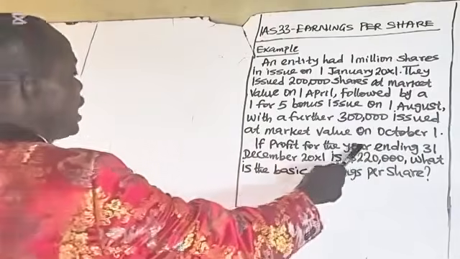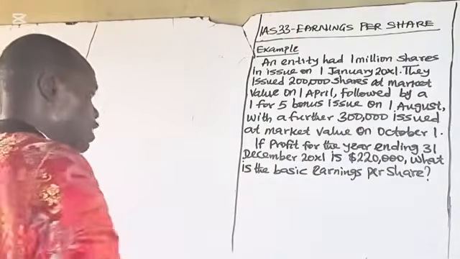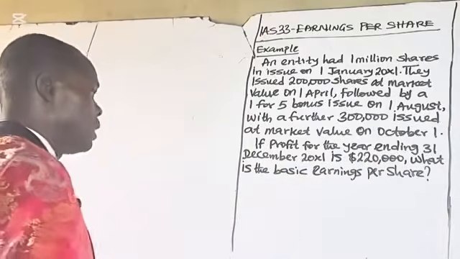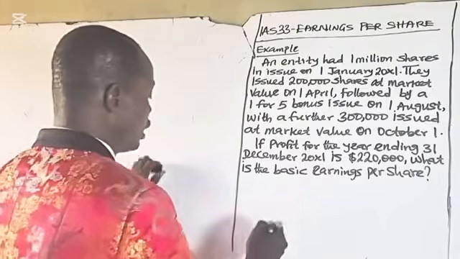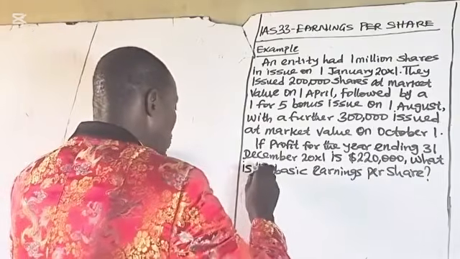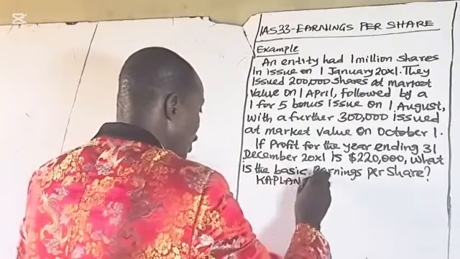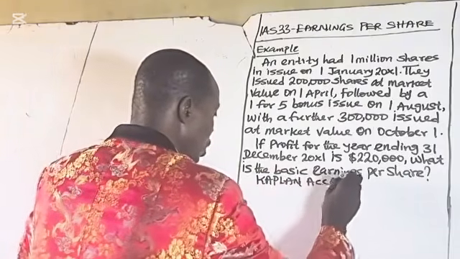If profit for the year ending 31 December 20X1 is $220,000, what is the basic earnings per share? This question is obtained from the Kaplan ACCA study text.